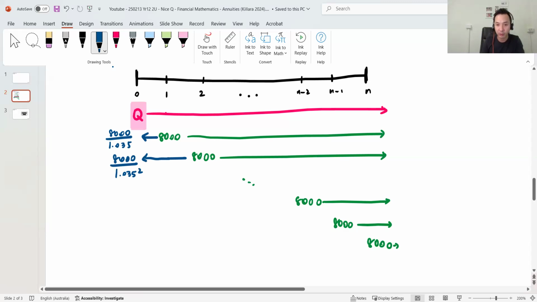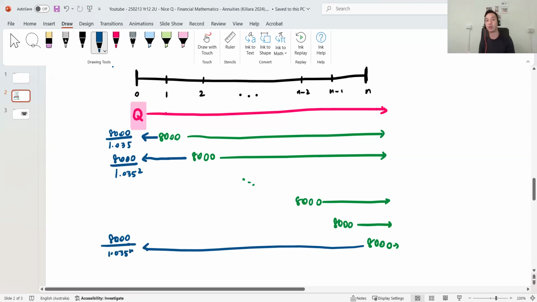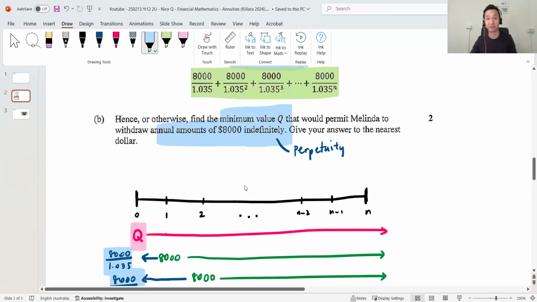So if I look at the last term there, that's going to be brought back, 8,000 over 1.035 to the power of n. Bring it all back. Now, the sum of all these blue terms is equal to my pink. It just makes a cleaner piece of algebra. And if you look at what you have to prove, that's what you have to prove.